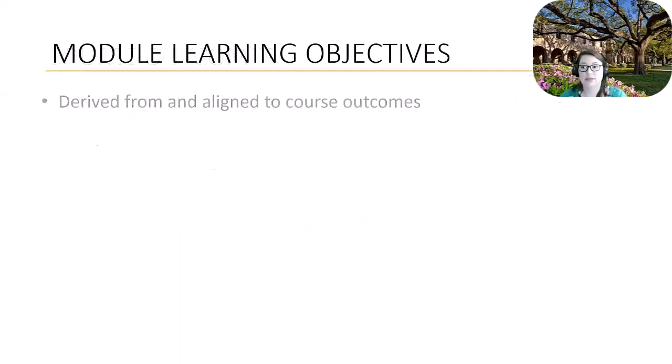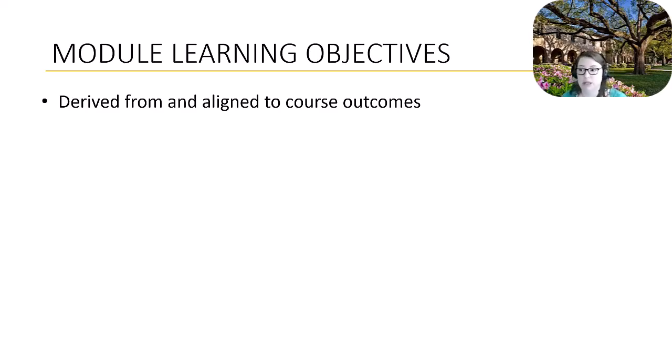And the next piece of that is writing out your module learning objectives. So these are derived from the course outcomes. And of course, they should also be aligned to those. So if you're asking students to do some type of analysis, we first need to break that down and make sure that they are prepared to do that analysis. So you can think of learning objectives as the stepping stones to the course outcome, or subsets of course outcomes.